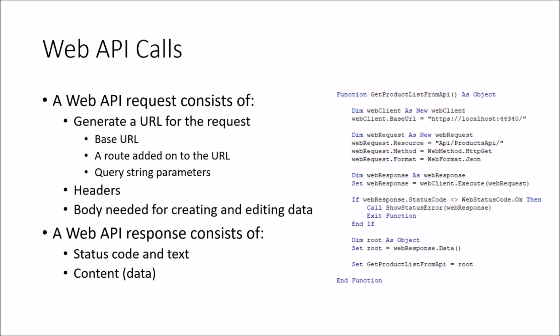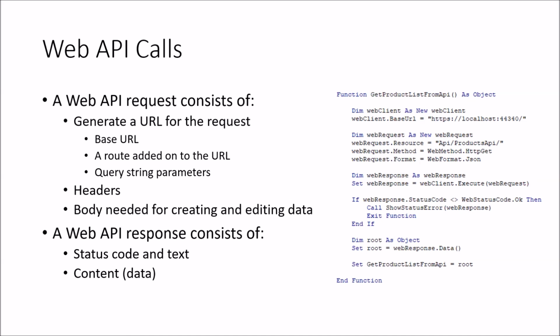The second thing you have in the request are headers. So that's additional information, just like you have in your browser. When your browser requests a web page from a server, it sends HTTP headers. The same thing happens with a web API call. And finally, there's an optional body, which is needed if you're going to pass in data.